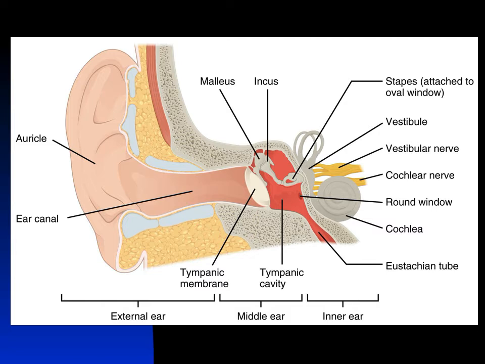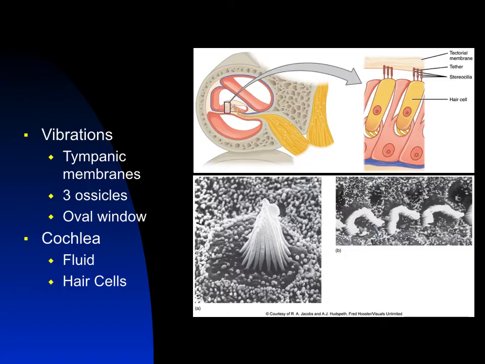And so let's go back to those vibrations. The vibrations from the tympanic membrane create vibrations in the three ossicles, which moves the oval window in and out, and that produces vibrations in the cochlea. And so the cochlea contains ducts, and these ducts have fluid in it that's moving back and forth in pressure waves.